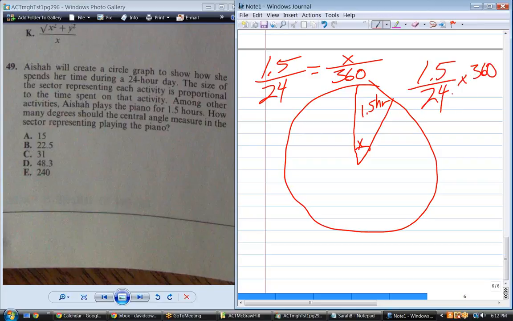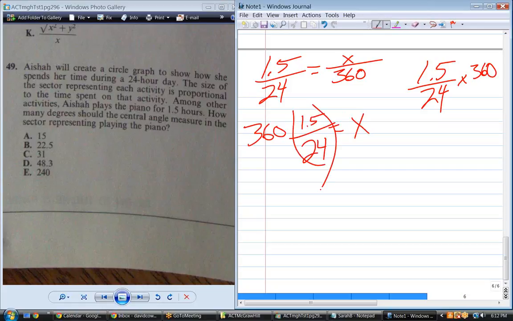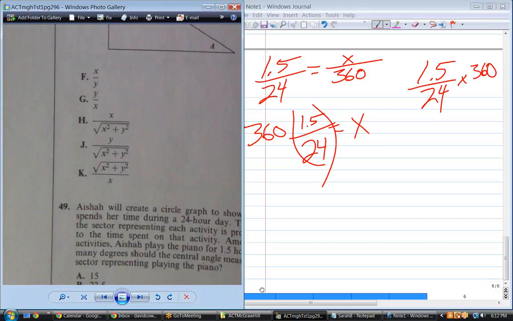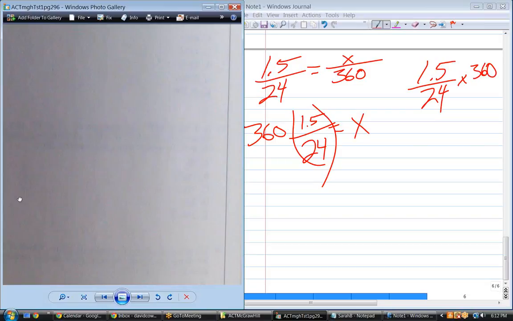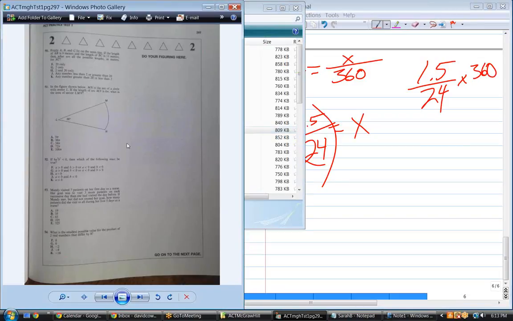Yeah, that's the same thing as multiplying both sides by 360. You get x equals 360 times this ratio. So that's exactly the way I would have done it. Or you could divide 360 by 24 first. If you're going to do it manually, it's a little easier to do that because that's a nice whole number. And then multiply that by 1.5. But since they're still letting you use a calculator on this one, you don't need all those little tricks.